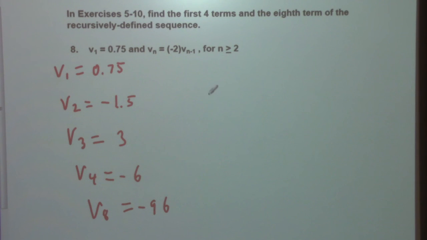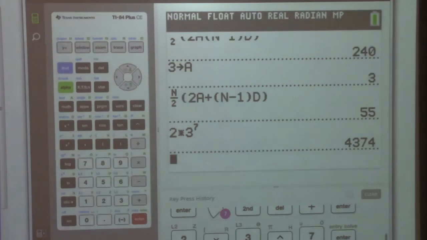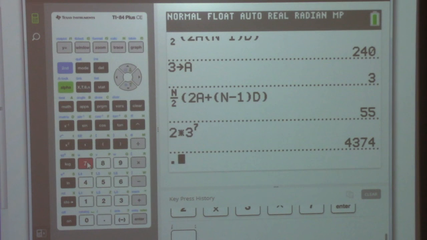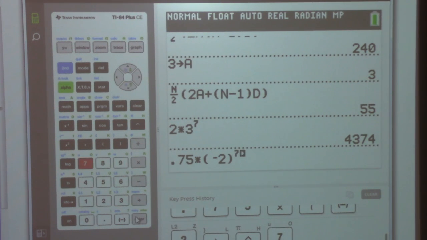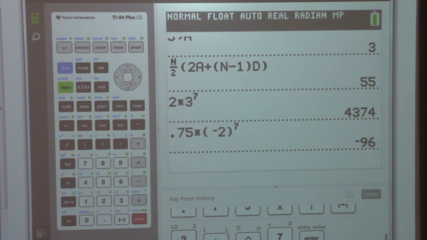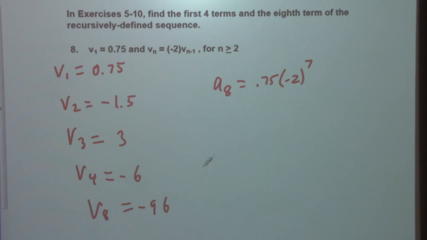We can find that by a sub 8 is equal to 0.75 times -2 to the power of n minus 1, or 7. So 0.75 times -2 to the power of 7, we get -96, right? Which is the answer you gave me.